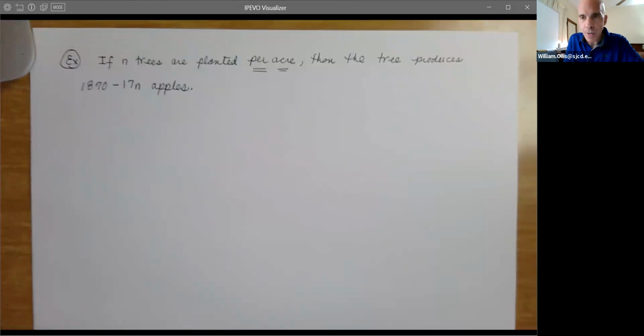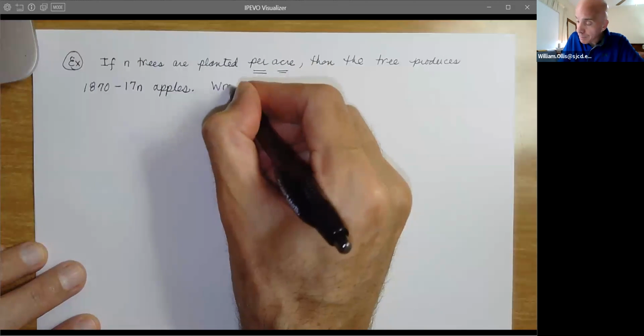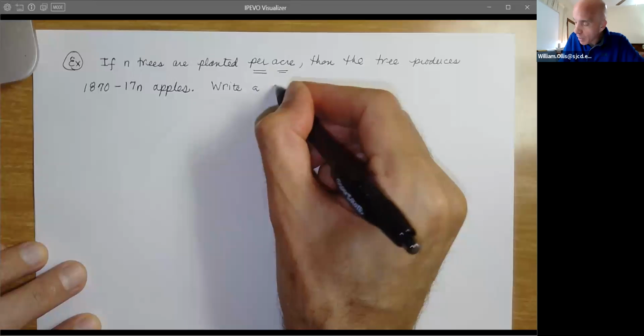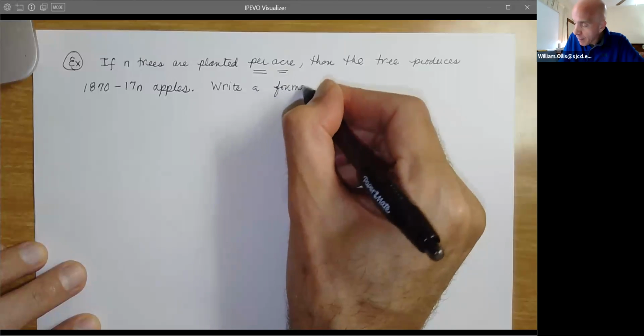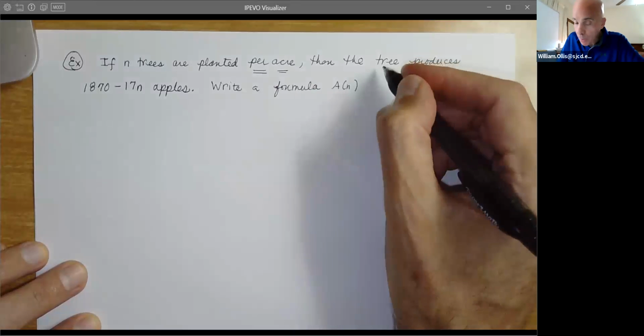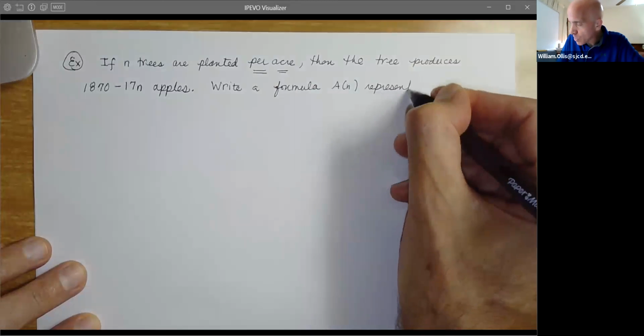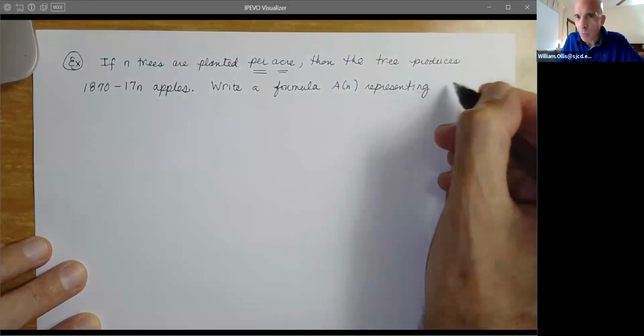Then the next thing that Professor Ron wrote says, write a formula A of N that represents the number of apples produced per acre. So write a formula representing the number of apples produced per acre. We overuse the word that. We all do.